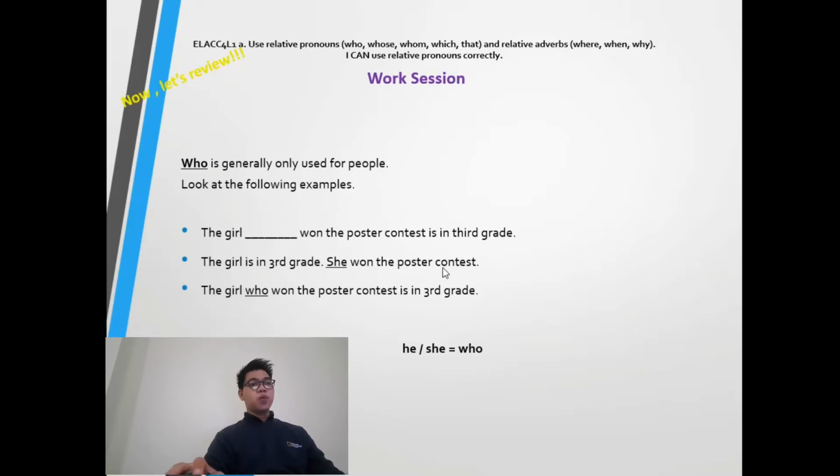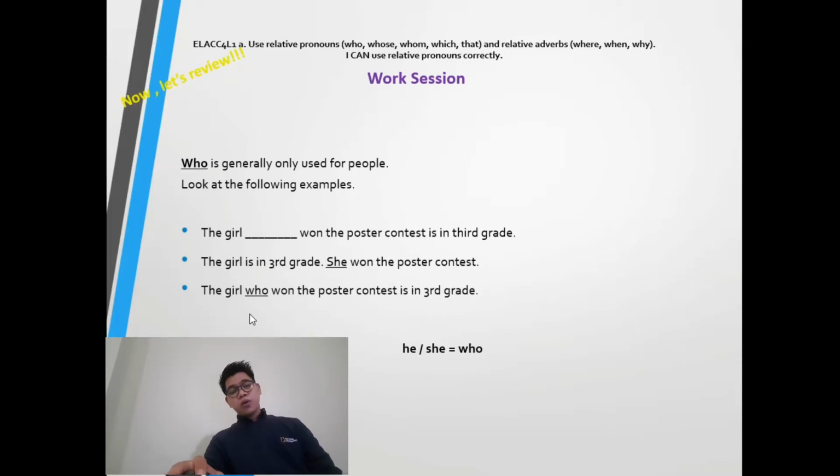The girl is in the third grade. She won the poster contest. How can the relative pronoun work with these sentences? Let's see the third sentence: the girl who won the poster contest is in the third grade.